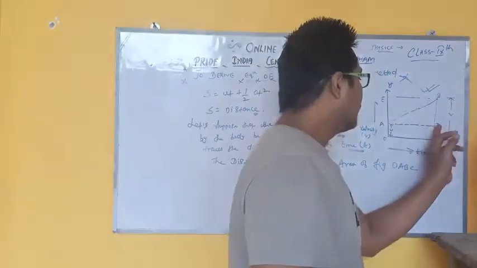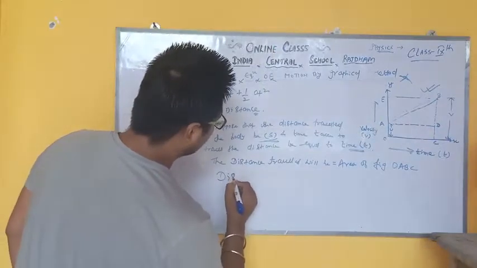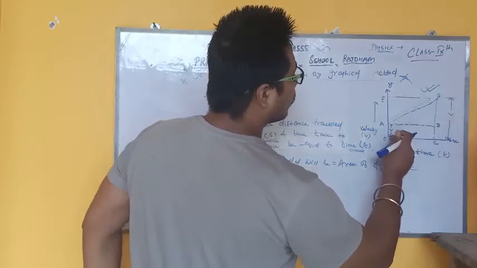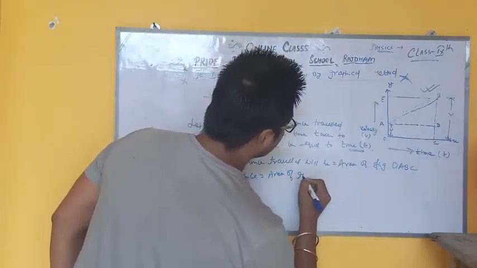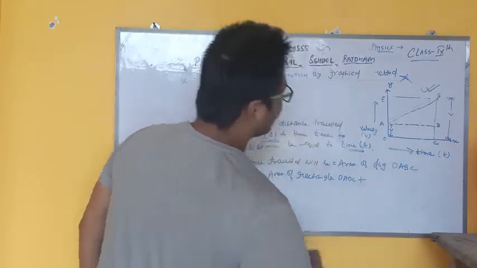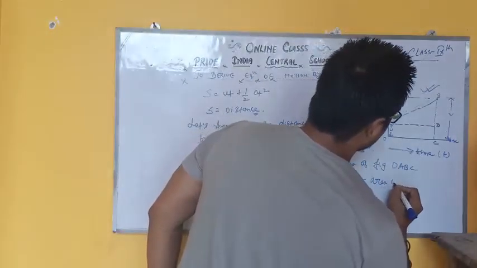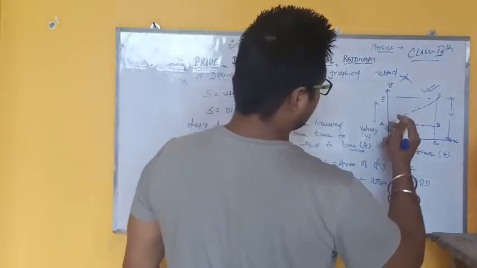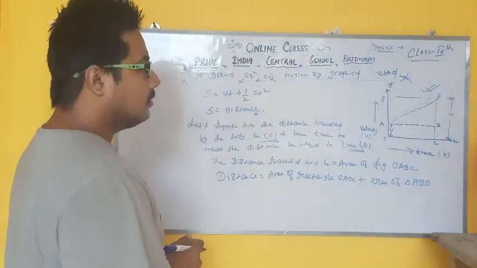So we can write distance is equal to area of rectangle OADC plus area of triangle ABD. This is the triangle I have represented like this.